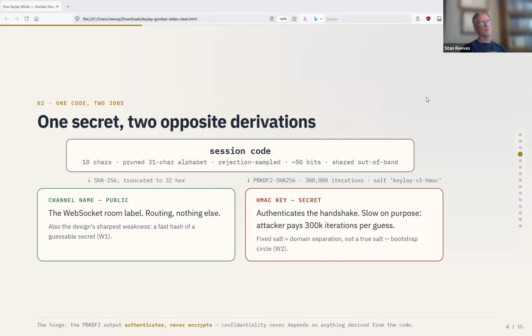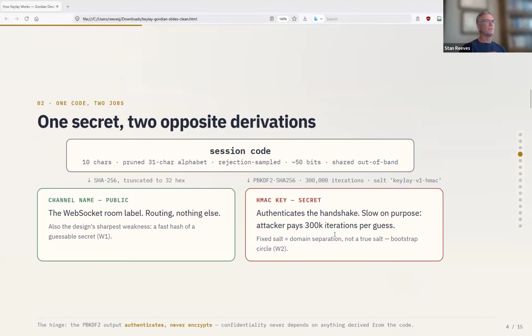So the session code derives an HMAC key, and uses expansion of the key. So you do 300,000 iterations in HMAC to make it difficult to do a brute force search attack.